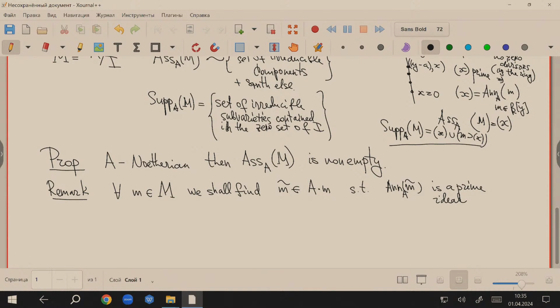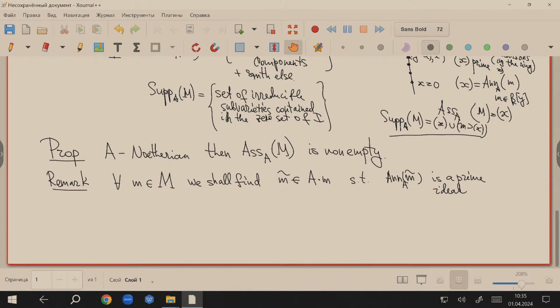Notice that in particular, this tells you that given any element or submodule, we can also find in this submodule an element which is annihilated by some prime ideal. This is important for our further discussion.